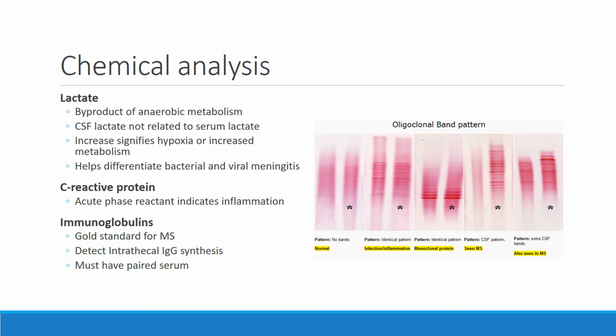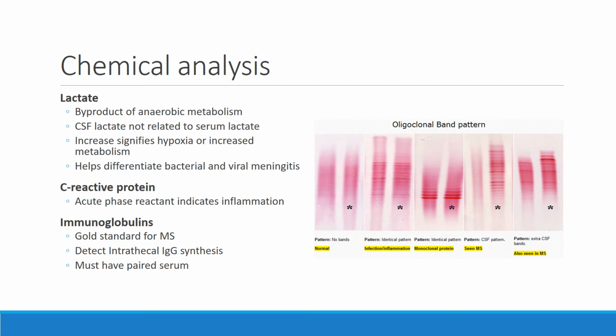It is used to help differentiate between bacterial and viral meningitis, because in viral meningitis you have cell death. We also see increased immune cell activity in the area, and you can end up getting increased lactate formation in those cases.